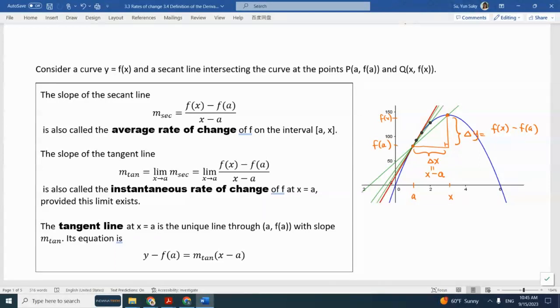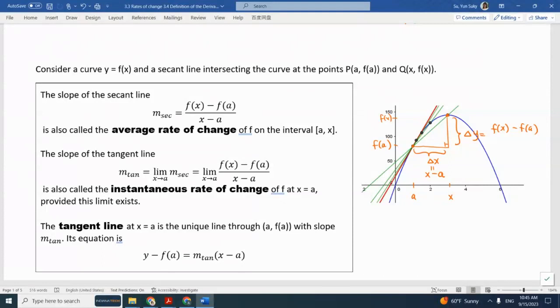And now, let a be a fixed number, and let x be a variable. So x is changing. Let the second point get close to the first point. When x moves to here, do you see the secant line is this secant line?